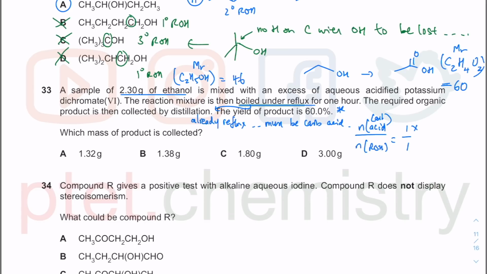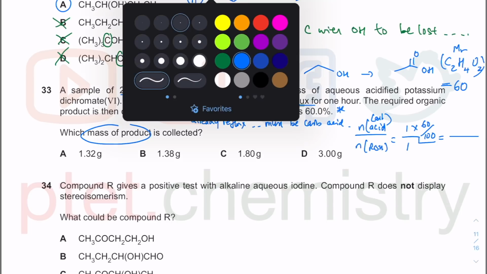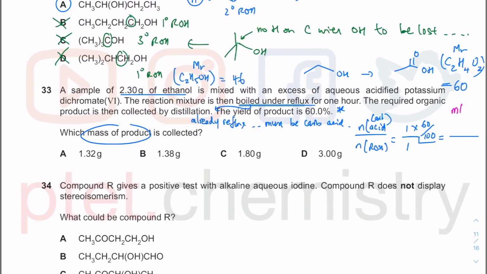So 1 times 60 over 100, which is 0.6. On the other side, I want the mass of product. This is going to be the mass of the carboxylic acid divided by 60, because that is the actual mole of carboxylic acid that comes from the actual mole of the ethanol, which is 2.30 divided by 46.